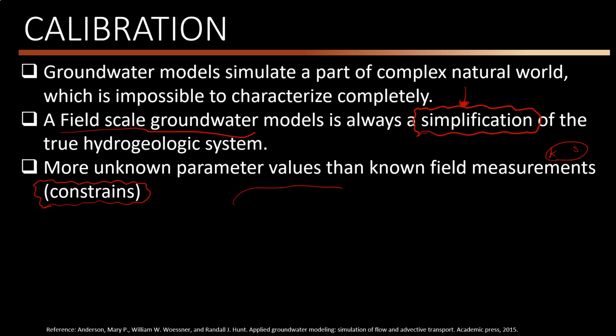But usually we have very few. For example, we have only 5 monitoring wells within a 5 kilometer by 1 kilometer problem, or we may have just a few K values here and here and here, but technically the K values at other points are unknown.